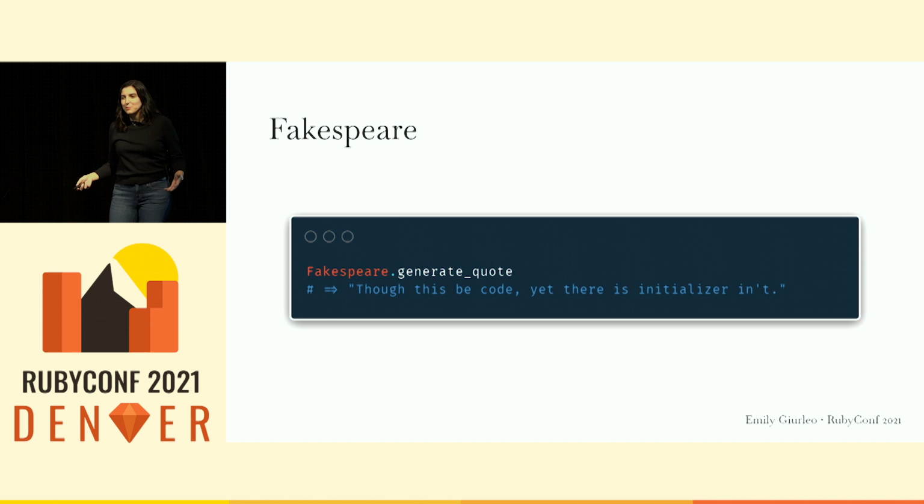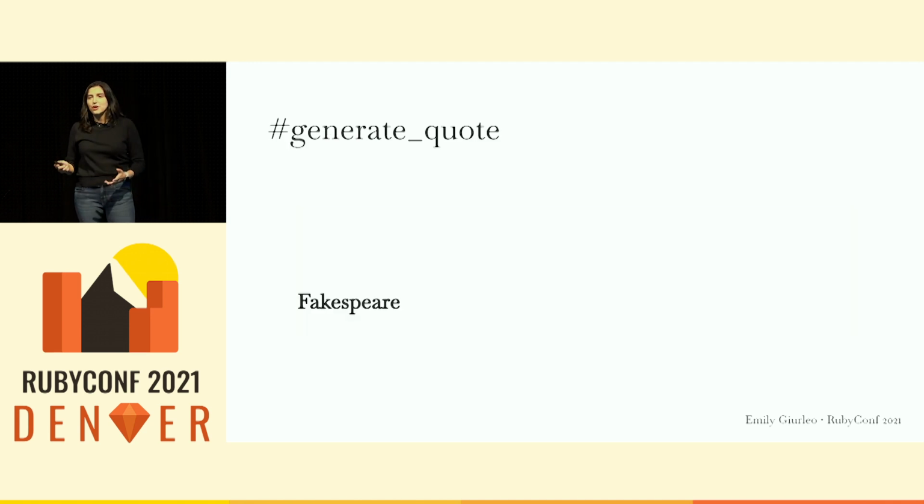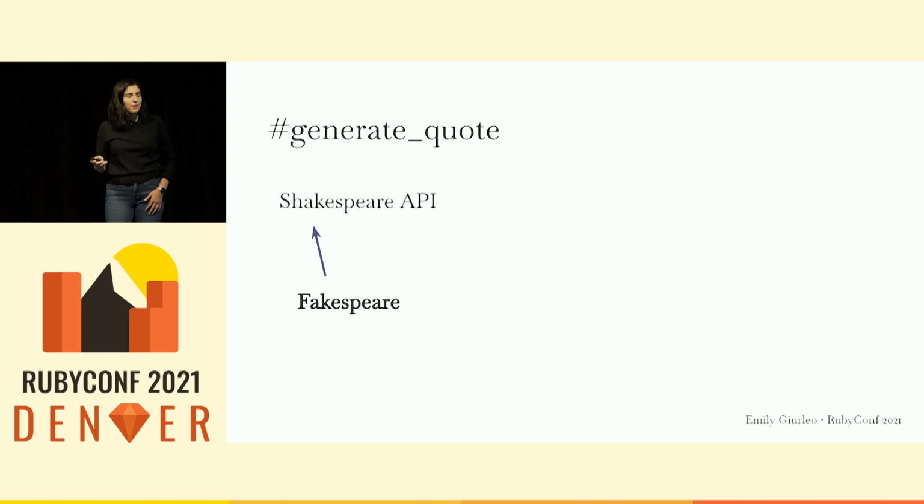To illustrate these concepts, I'm going to be talking to you about a gem that I wrote for this talk called Fakespeare. The Fakespeare gem generates silly Shakespeare quotes with random Ruby words interspersed if you call the method generateQuote. The generateQuote method works as follows. First, it makes a network call to a Shakespearean quote generator API and gets back a Shakespearean quote.